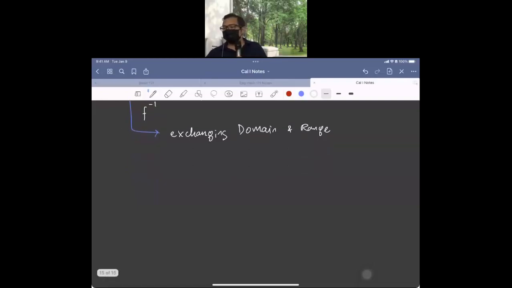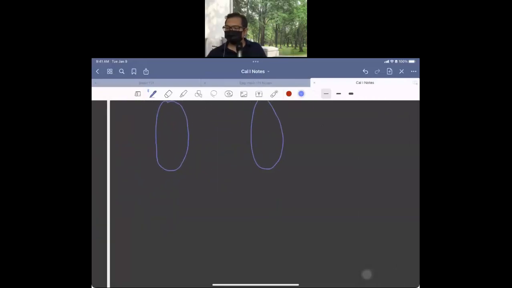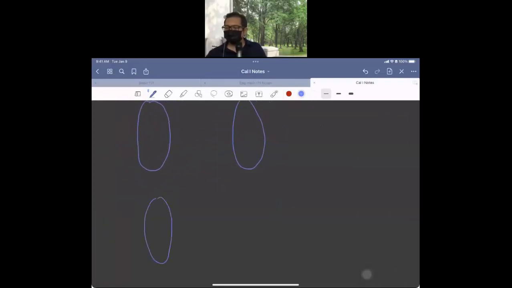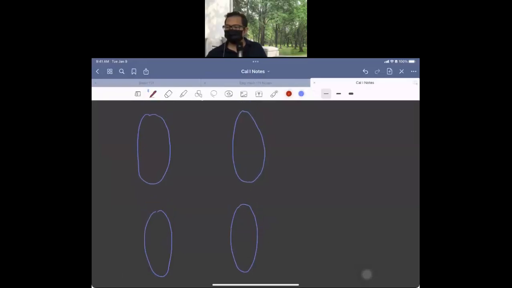So first, let's go back to our idea from the very first explanation on the function. Okay, and this one.